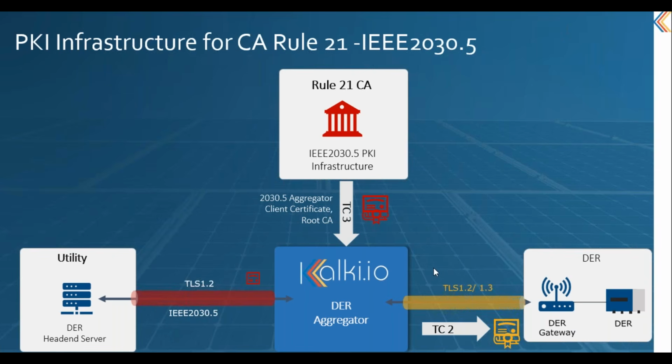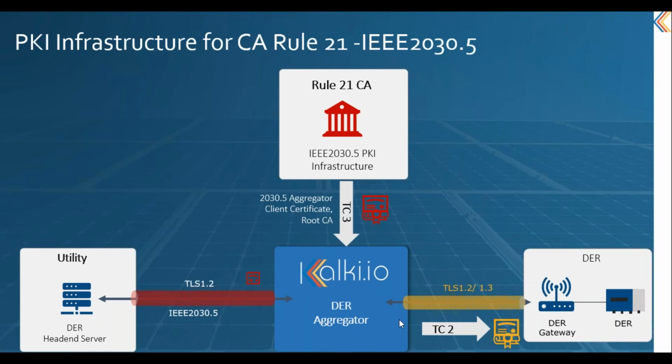Let's look at this example of the PKI infrastructure for California Rule 21. California Rule 21, as I mentioned in the earlier slide, is managed by Rule 21 CA. It's a third-party entity which provides certificates for each 2030.5 aggregator or gateway. This certificate is used to establish a secured TLS connection from the aggregator or gateway to the utility server.